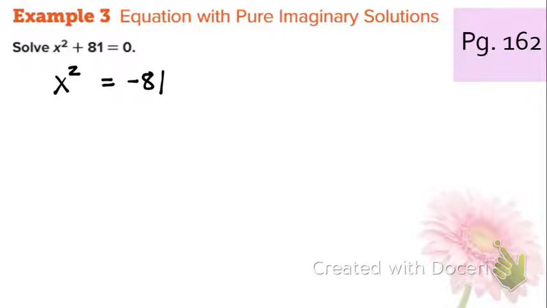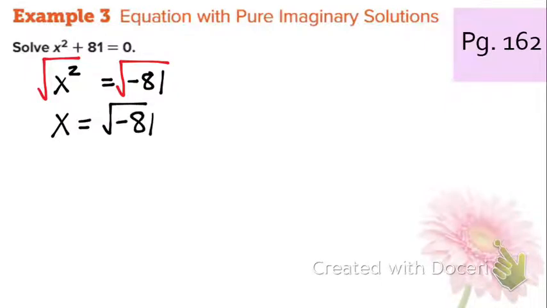Now the opposite of a square is a square root. So you have x equals the square root of negative 81. Now again, anytime there's a negative underneath a square root, you have to take it out. You cannot leave a negative underneath a square root.